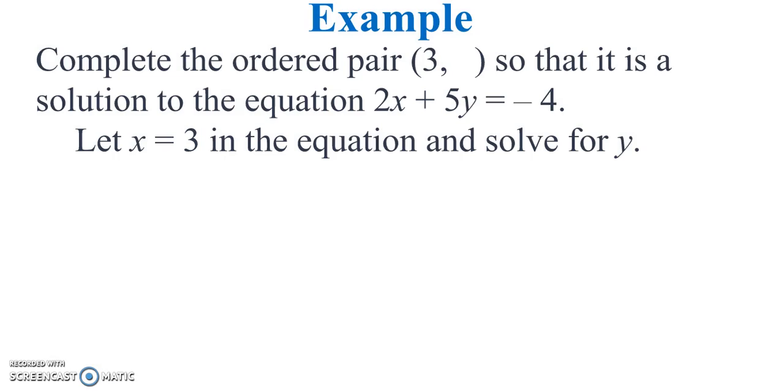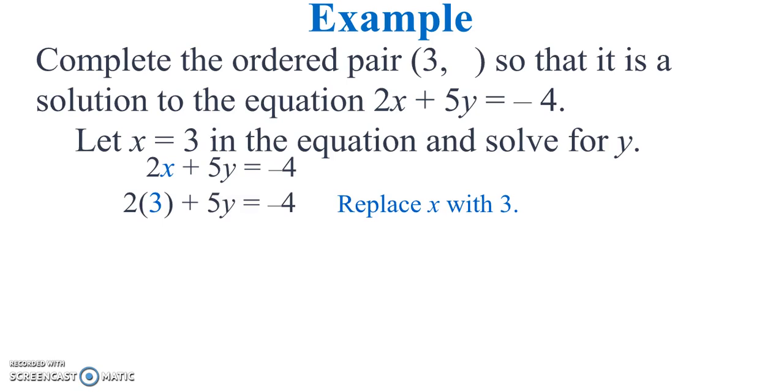All right, so complete the ordered pairs. You guys practiced this in class, so we're going to go over it really quick. I know that my x is 3, which means I'm solving for y. I'm going to plug in 3 because that's the number in the front in my parentheses. So I replace x with 3 and I solve like normal. I multiply 3 times 2, which is 6.